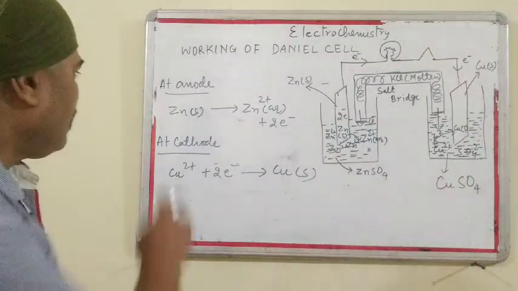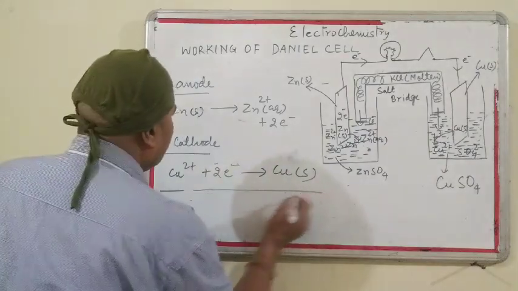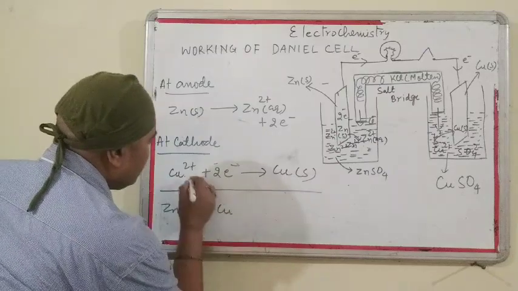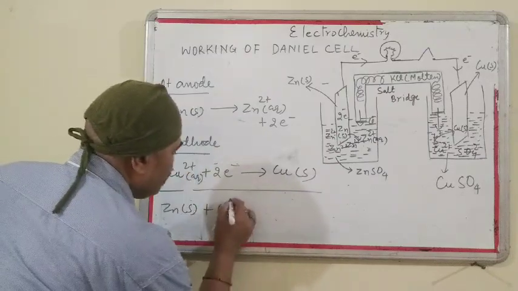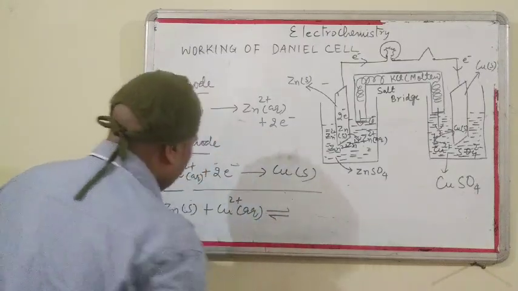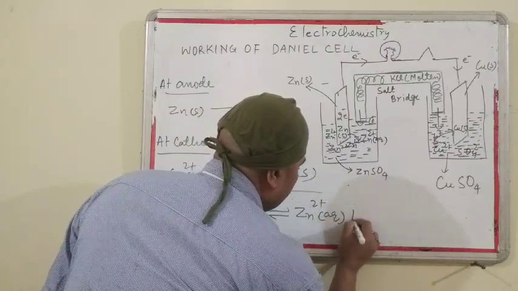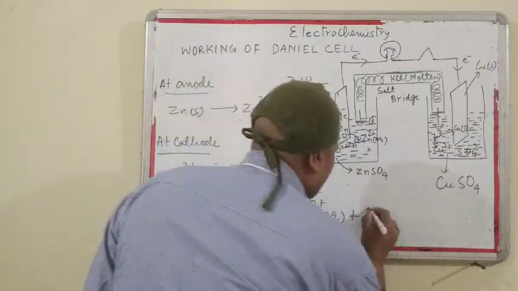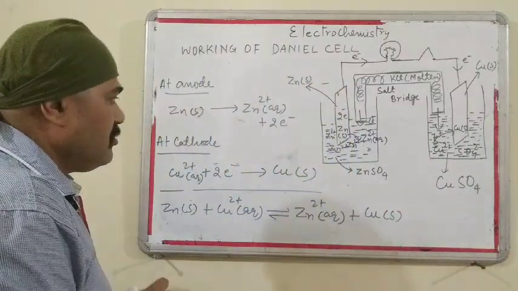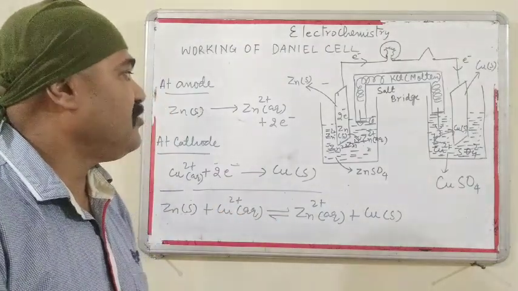Overall reaction, if we add them, we get Zn(s) + Cu2+(aq) = Zn2+(aq) + Cu(s).